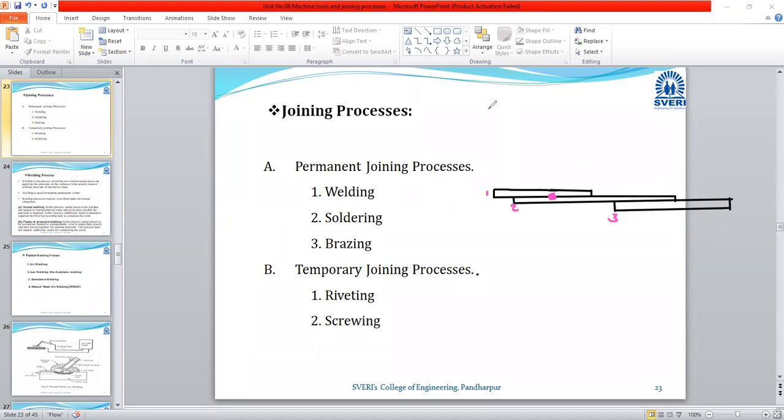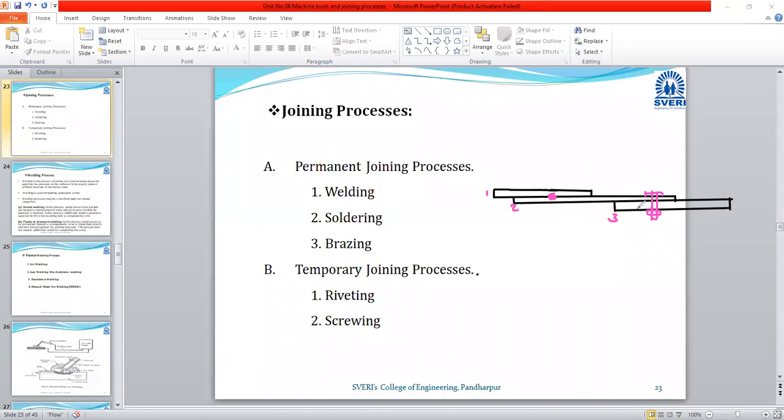And here I drill one hole, and in that hole I use a nut and bolt arrangement. So I have joined plate 1 to plate 2, and plate 2 joined with plate 3.